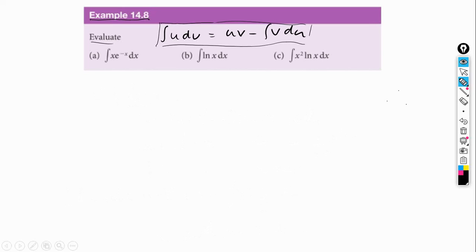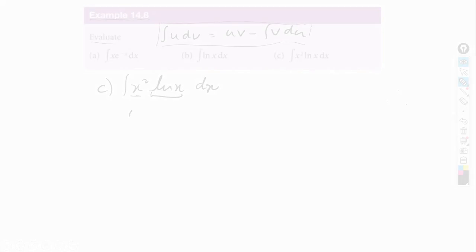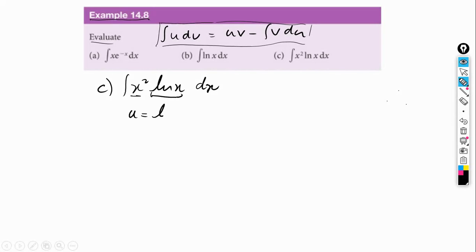Okay, so now we are going to do example C, which is the integral of x squared natural logarithm of x dx. Okay, so here again, when we want to decide what's u, u is equal to natural logarithm of x, and our dv, or derivative of v, would be x squared dx.